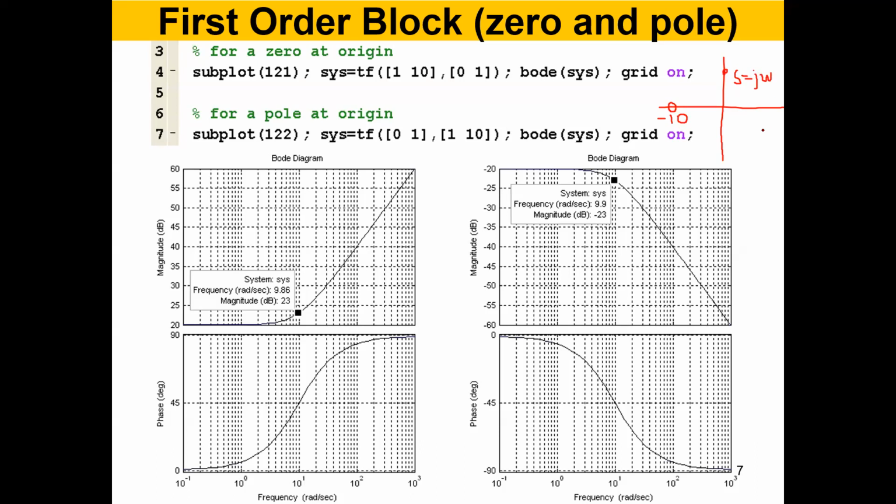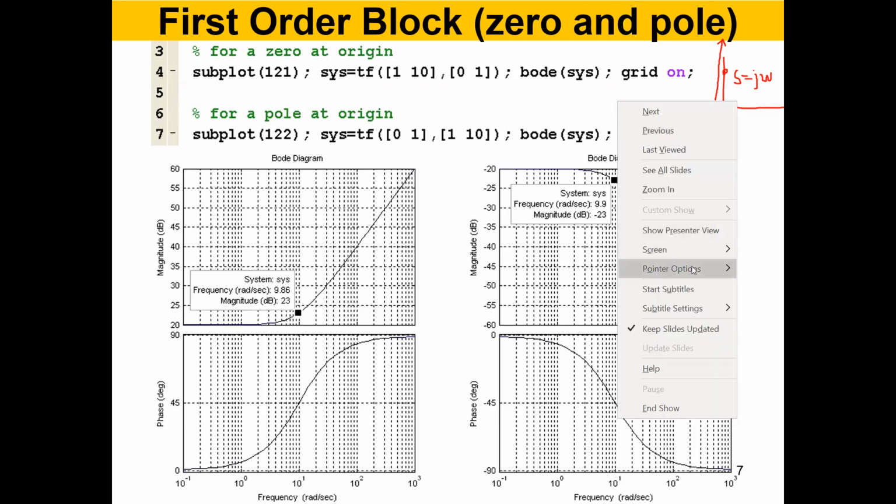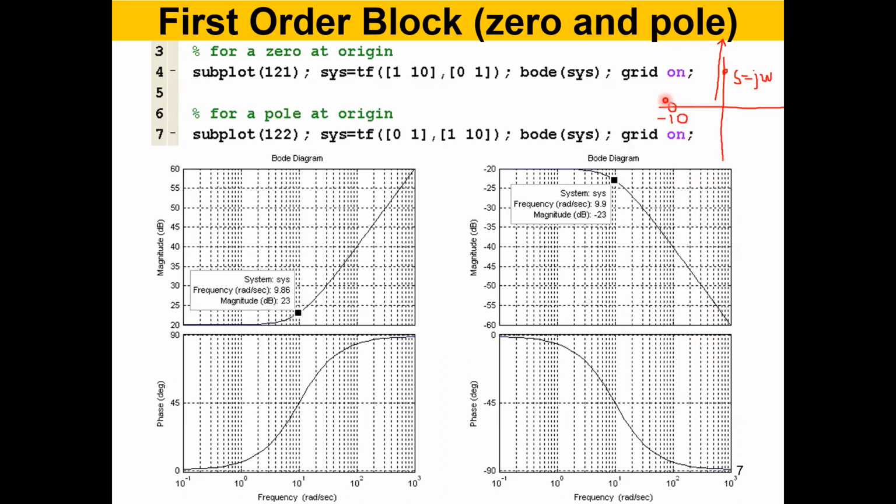You change this s from 0 to infinity like that. When you do that, what is the gain change and the phase because of this zero? That is what we are going to figure out.